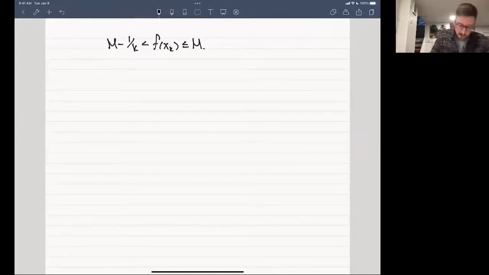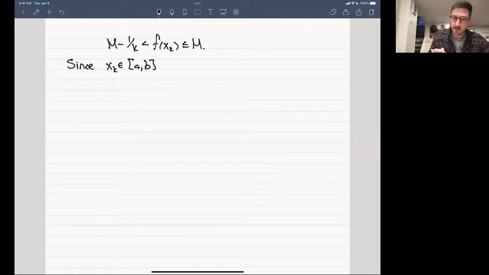Well, since x_k belongs to [A, B], this is going to look a lot like what we did in the previous lecture for uniform continuity. This implies x_k is bounded, right?